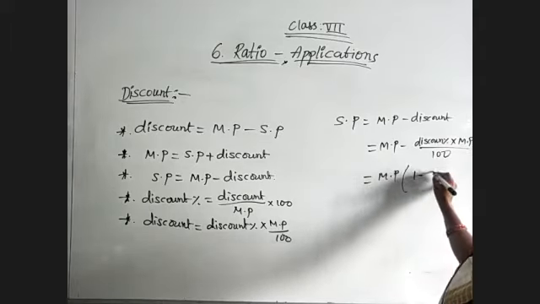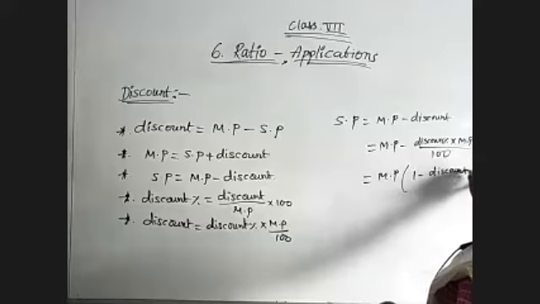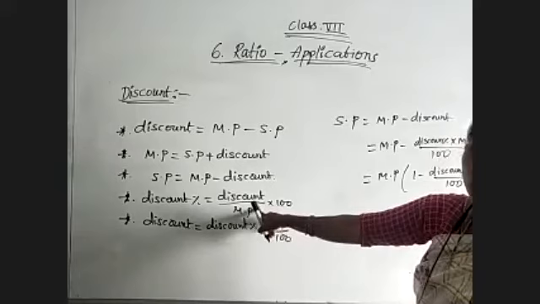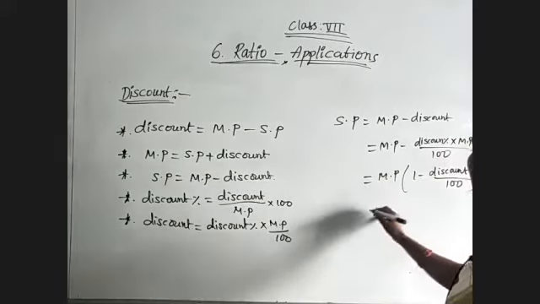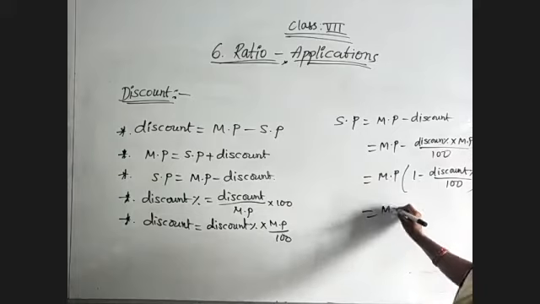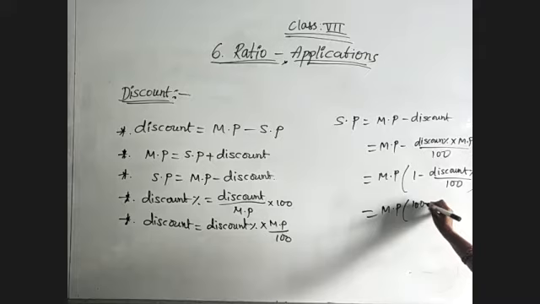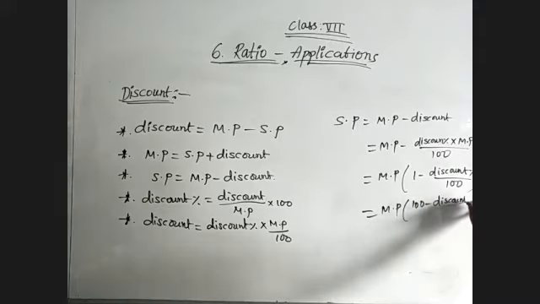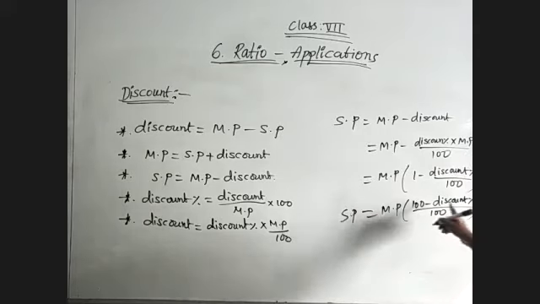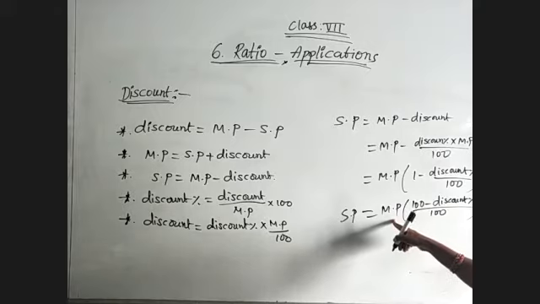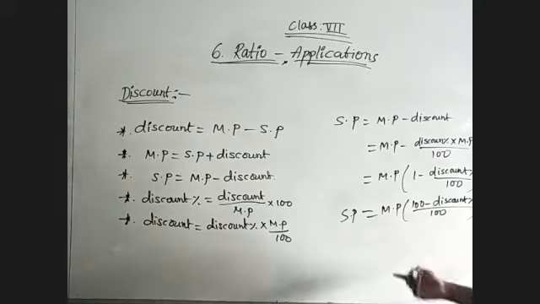What will get: 1 minus discount percentage by 100. So from here also we can do that. Now which will be equal to, cross multiplication, 100 into 100 minus discount percentage by 100. So SP value in terms of MP and the discount percentage is MP into 100 minus discount percentage by 100. That's all. So from this find out MP value also: SP into 100 by 100 minus discount percentage.